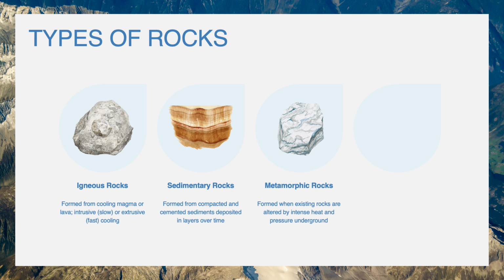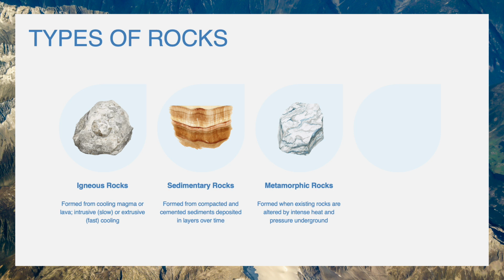Now it's important to remember that the change does happen underground, but the heat that we're talking about is not to the temperature where it's actually melting the rock. So the rock changes, but it's not melted. Otherwise it would be igneous rocks.